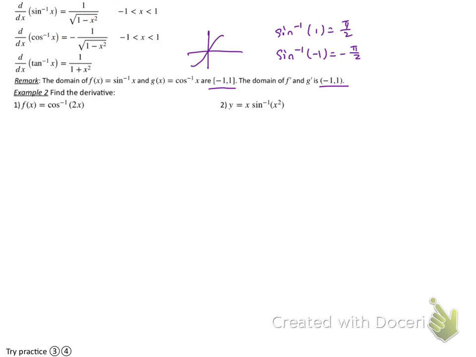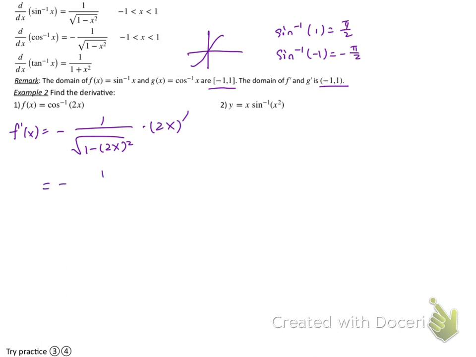So in particular, in question 1, we are having a little chain rule. F prime of x will become -1 over square root of 1 minus the input of cosine inverse, which is 2x, squared. What's supposed to be x is not really an x, so you follow by its derivative.